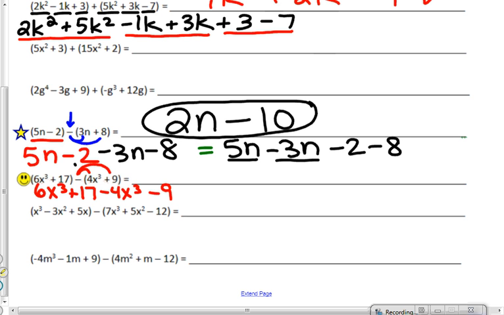If you don't want to rewrite this whole thing, if you want to take a little shortcut, you can just say, okay, here's a 6x cubed and a -4x cubed. That makes 2x cubed. Here's a positive 17. Take away 9. That's positive 8.